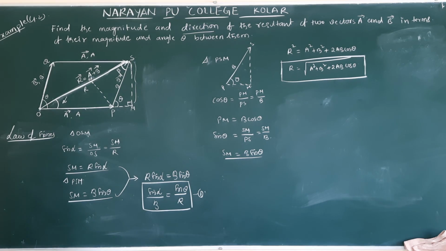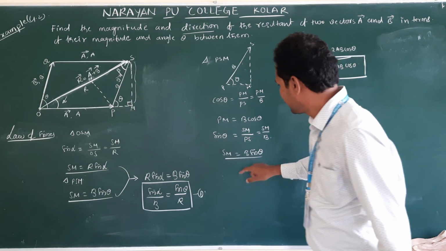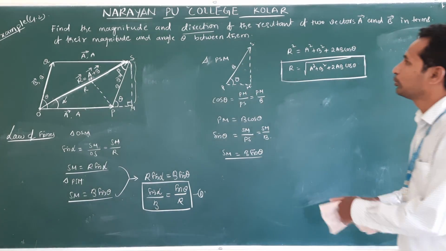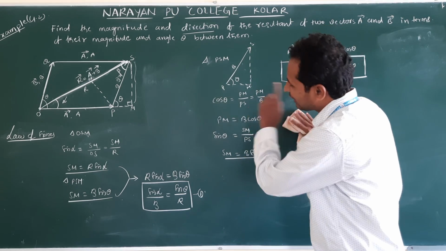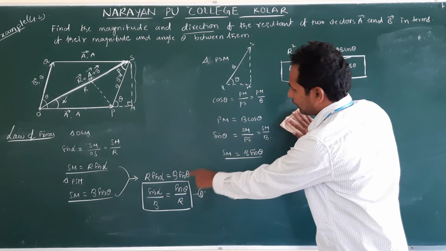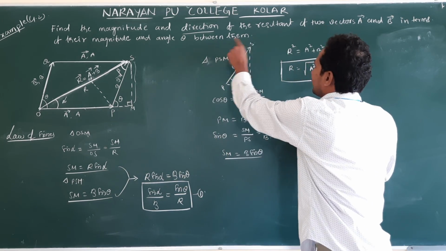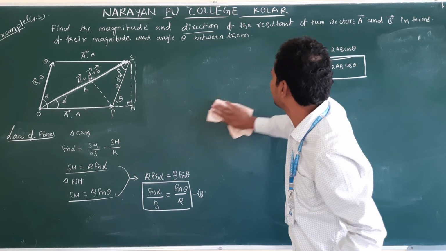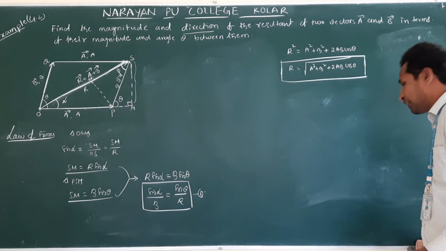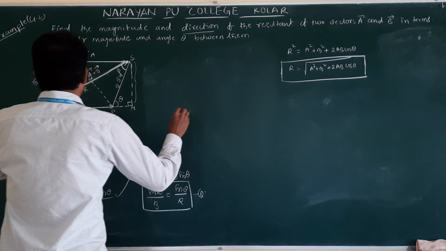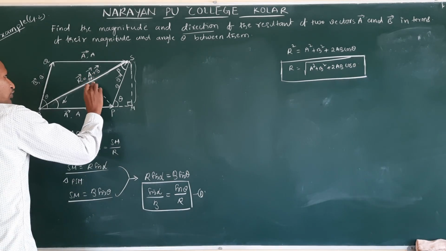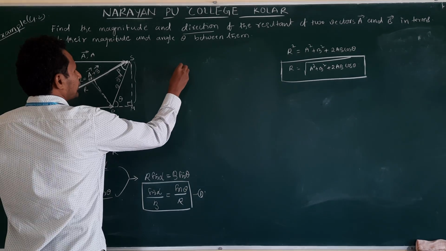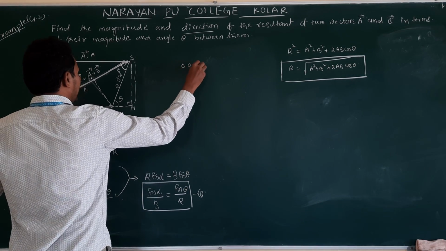I kept the diagram like this and did not clean it, so to find SM this portion remained. Now I am removing it to find another equation, and I am taking another triangle. This is actually a normal, N. So I am taking triangle ONP.